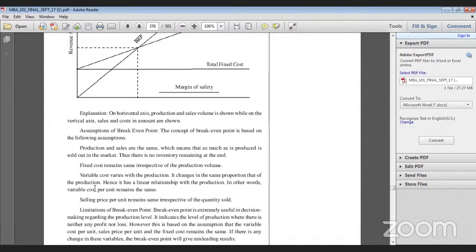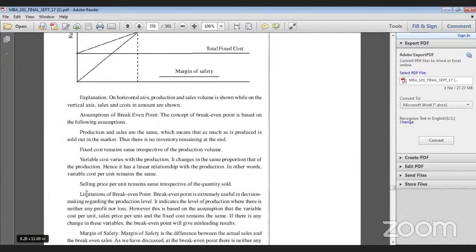Variable cost varies with production, so it has a linear relationship with production. In other words, variable cost per unit remains the same. Selling price per unit remains the same irrespective of the quantity sold.